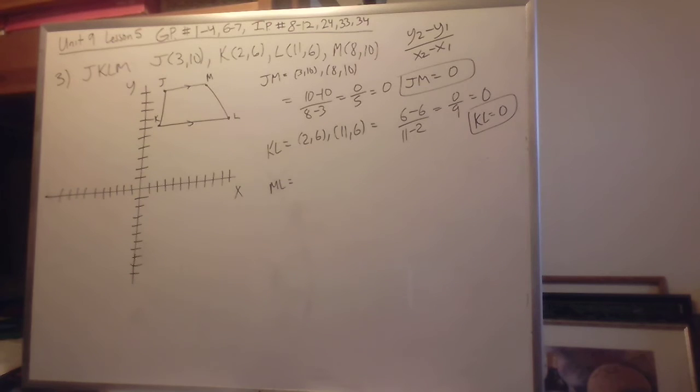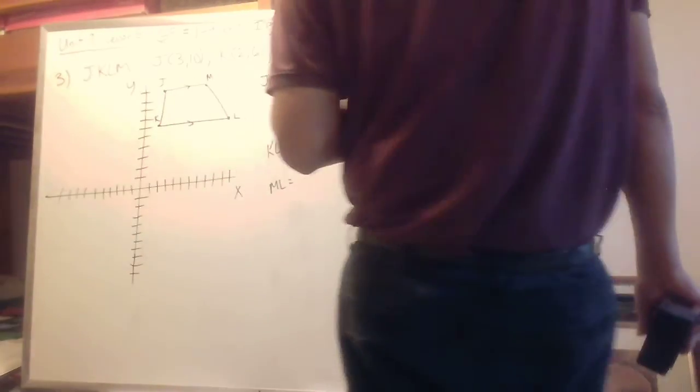And now we're going to look at the slope of ML and JK, and that's going to help us verify if this quadrilateral is a trapezoid.